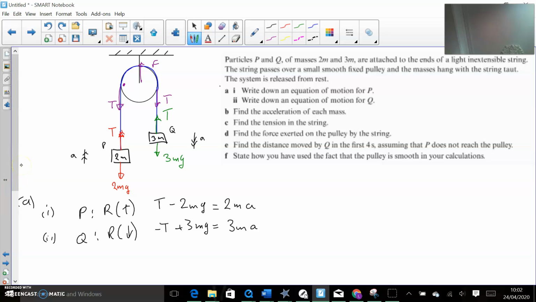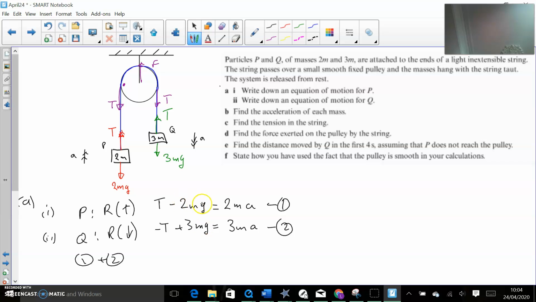Part B. Find the acceleration of each mass. Now we've got two equations, 1 and 2. We want the acceleration, so we eliminate T. I'm going to add 1 and 2, so the T minus T will disappear.